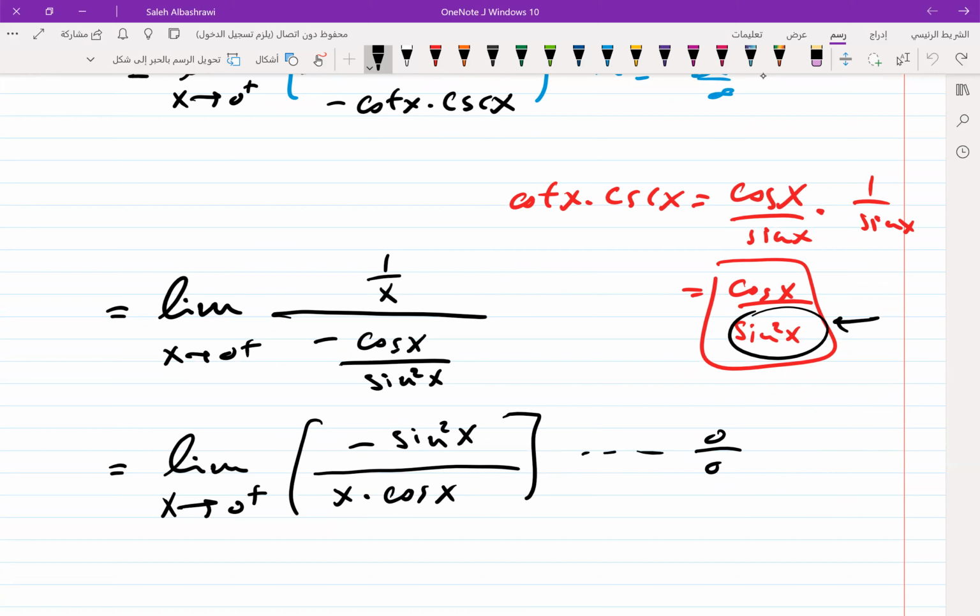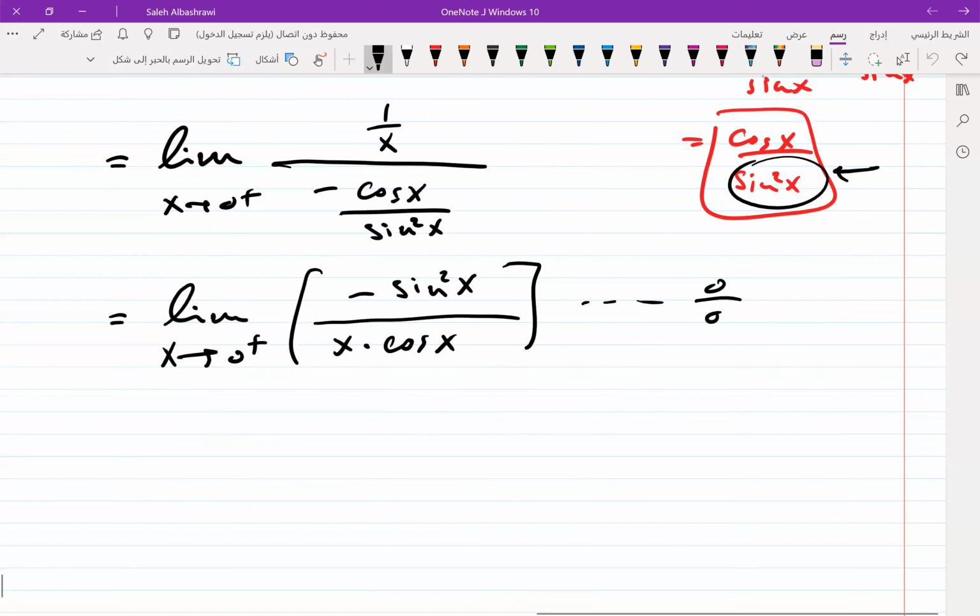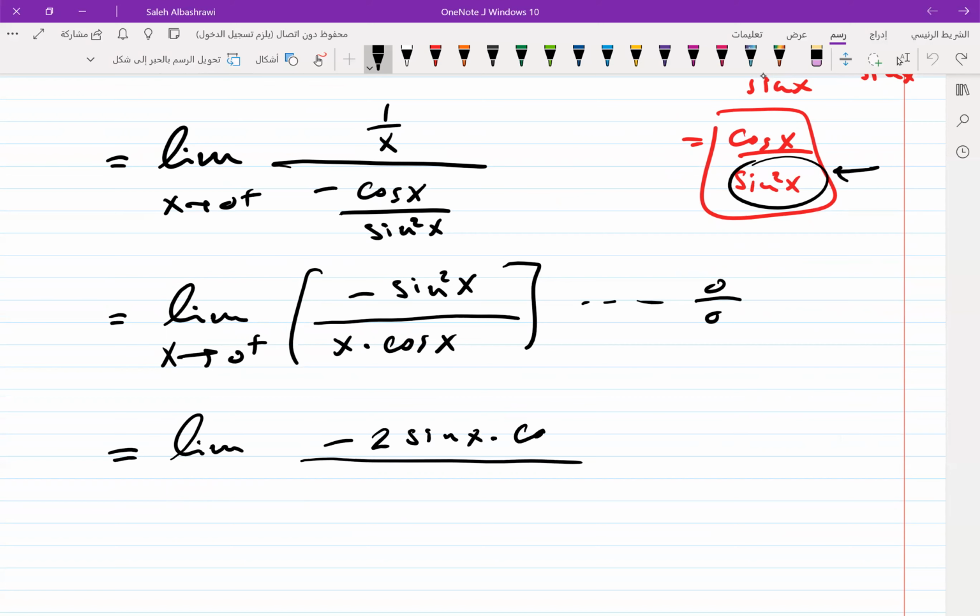Now we can find the limit using L'Hôpital's rule. It is equal to the limit of minus 2 sine x multiplied by cosine x, by the chain rule. For the denominator, we apply the product rule. It is 1 multiplied by cosine x plus, or rather minus, because the derivative of cosine is minus sine, minus x times sine x, as x goes to 0 plus.